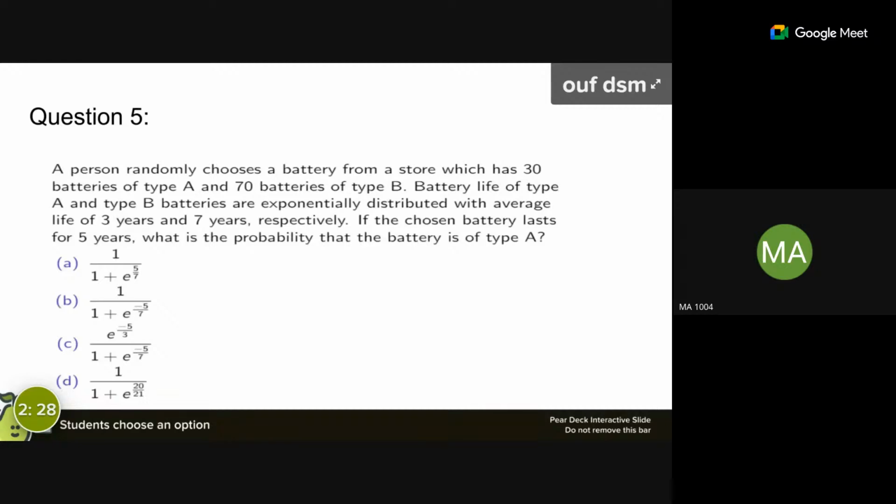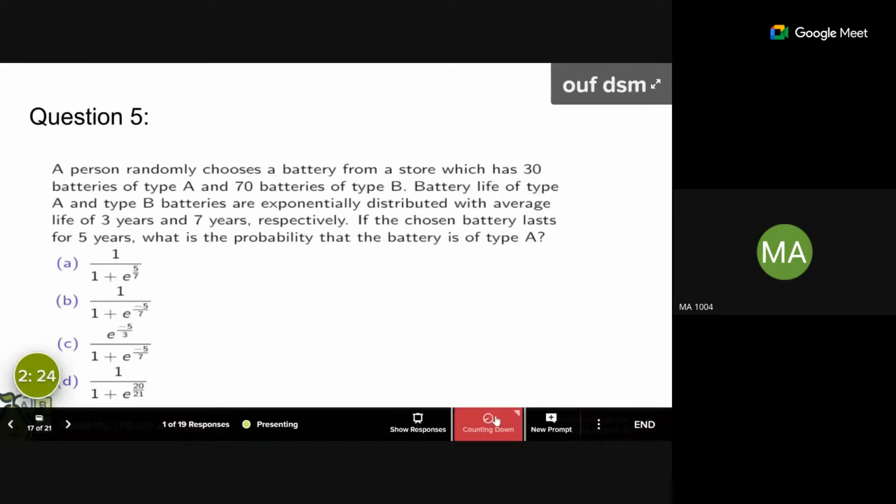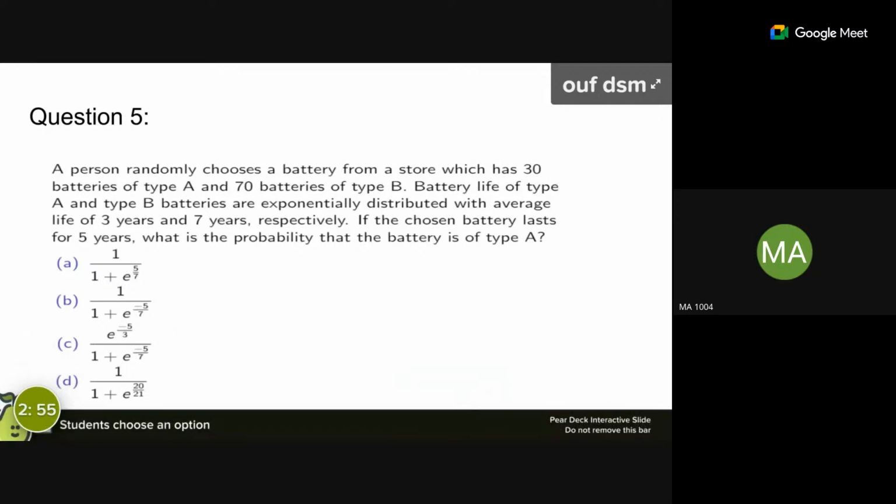Now try to solve the question. I restart your time for 3 minutes. For the probability of the Bernoulli, I suggest you read the first line.